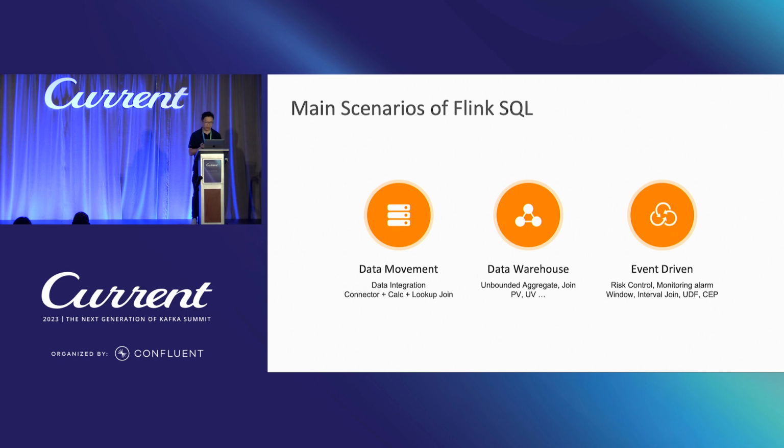It can do aggregation, unbounded aggregation. It can do streaming join. You can compute page views or user views. So including aggregation group by, over aggregation, and so on, to accelerate the data warehouse and bring the ETL down to seconds-level latency, not just by days.